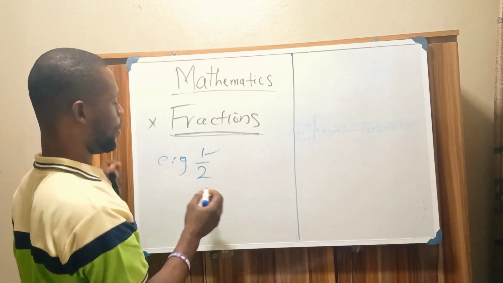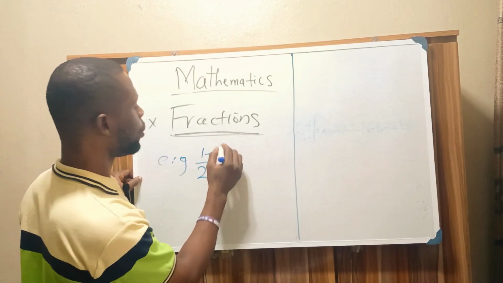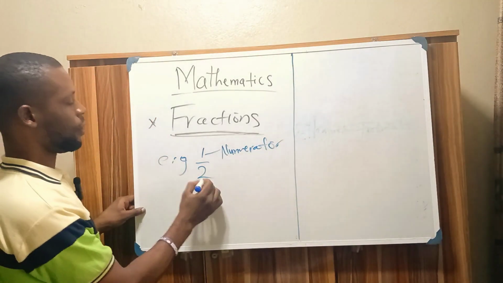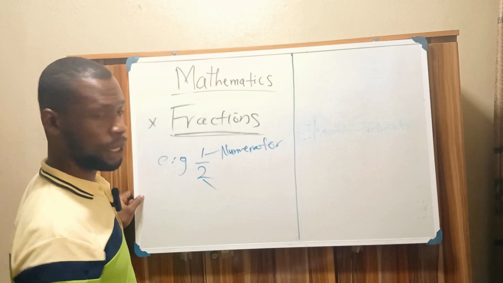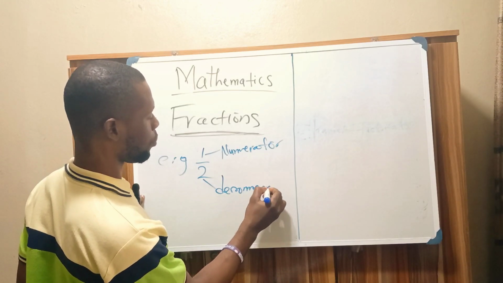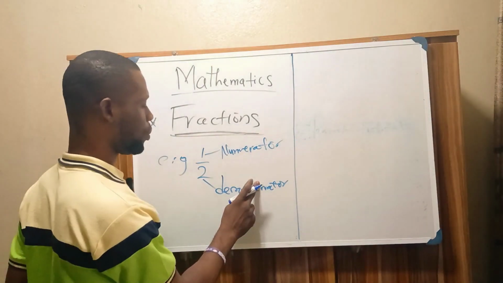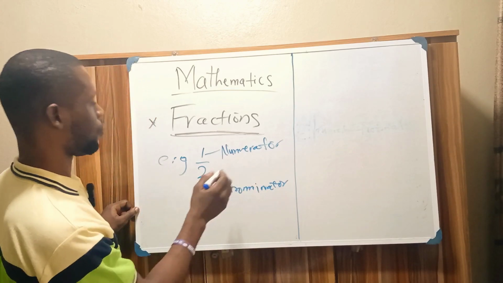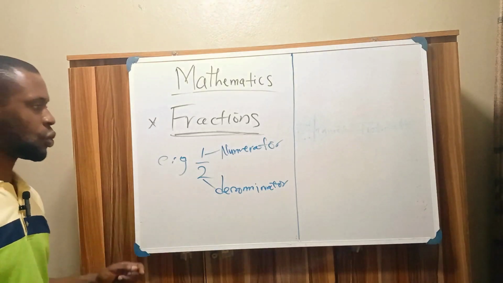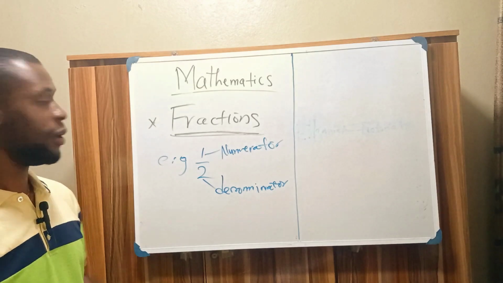The number on top is called the numerator, and the one below is called the denominator. So this is what we mean by a fraction.